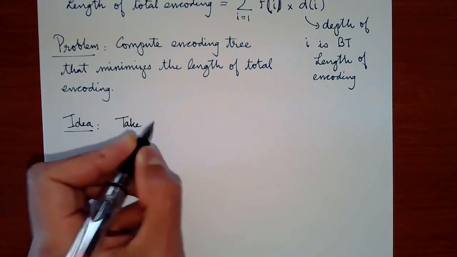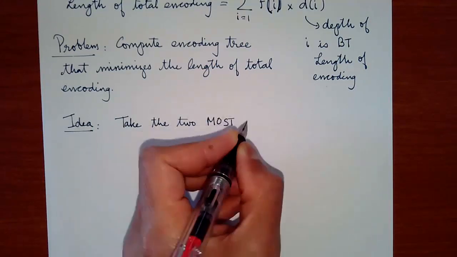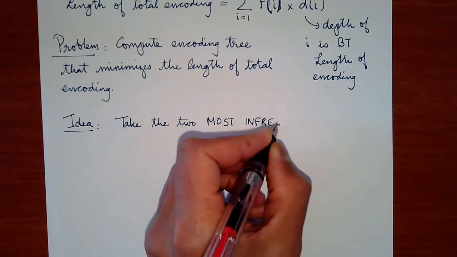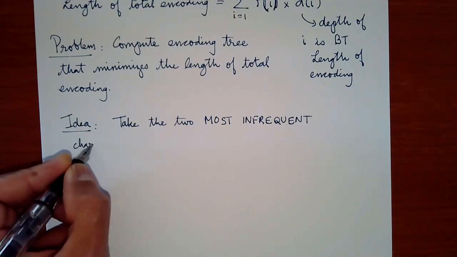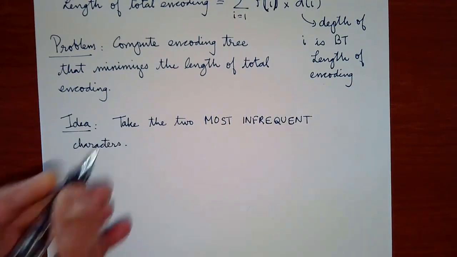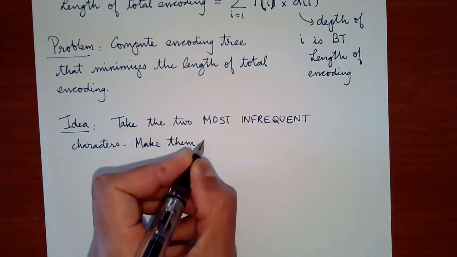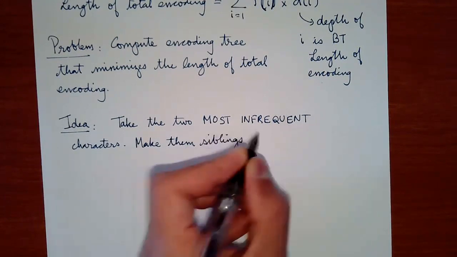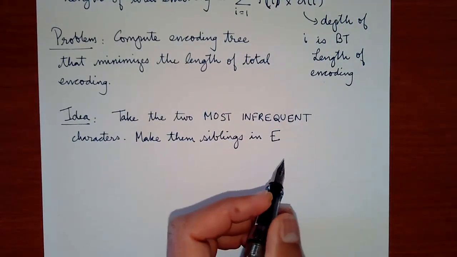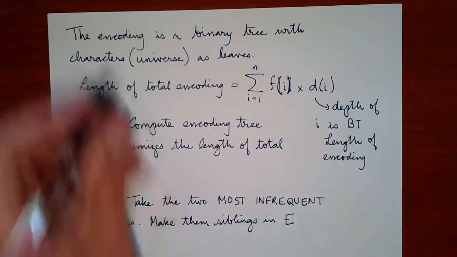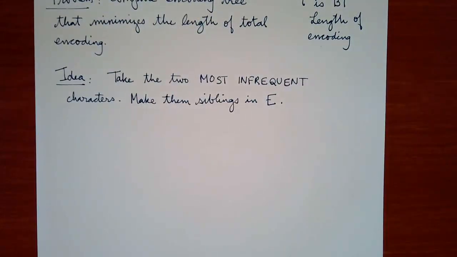Take the two most infrequent characters, make them siblings in E. So I will, somewhat abusing notation, when I refer to the encoding E, think of it as a binary tree. So we are going to make them siblings in the binary tree.